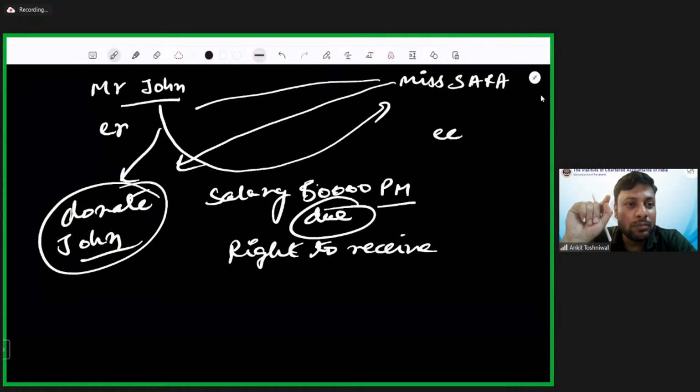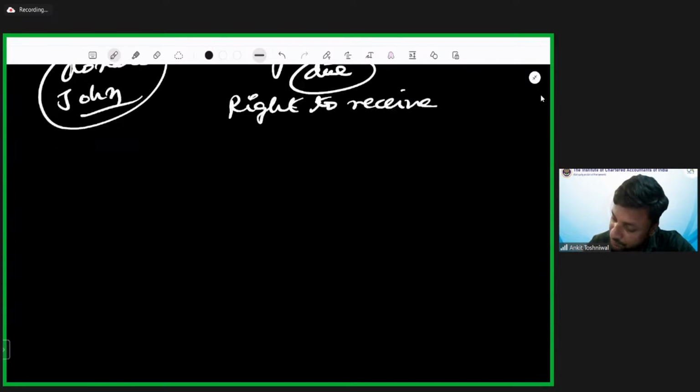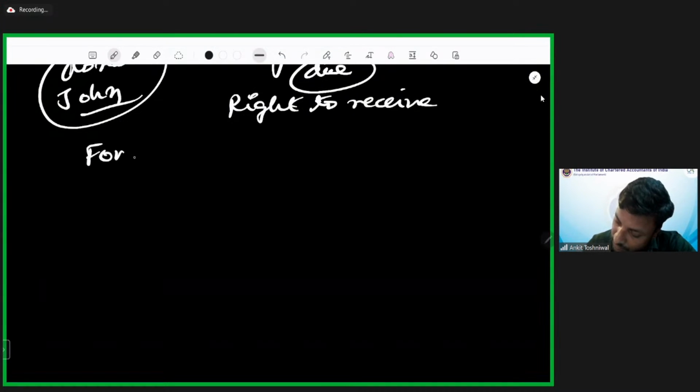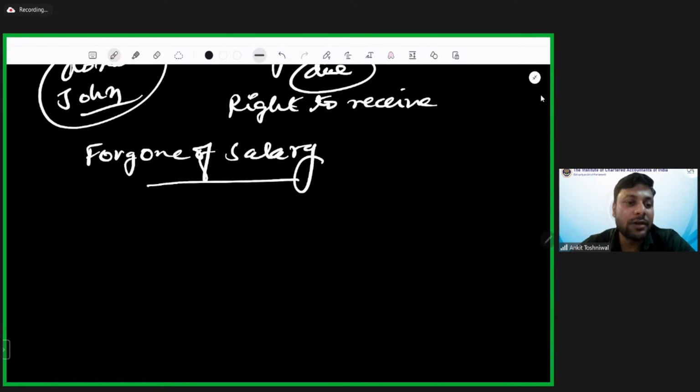Once the salary is due, the right to receive income is received, and this is only an application of income. After receiving the right to receive the income, Sarah can do anything else, but it is the income of Sarah. Then it is taxable under the head salary. And this concept is known as foregoing of salary.